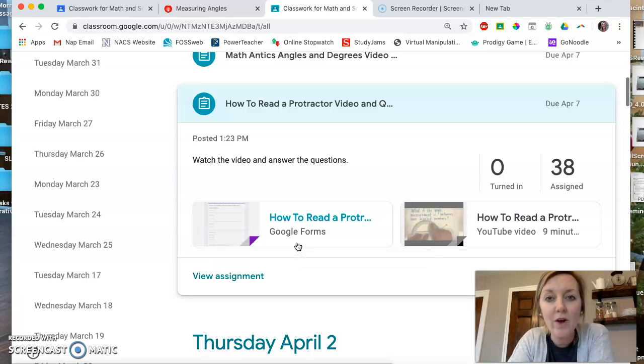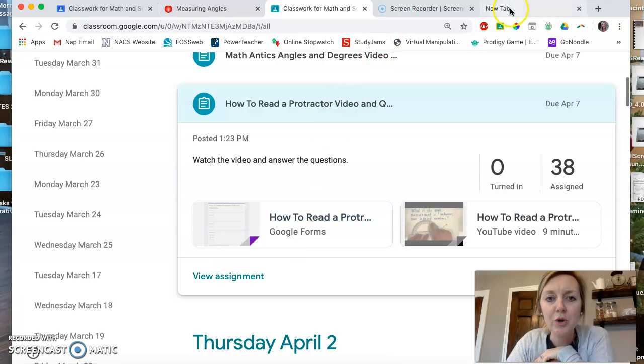But today we are going to focus on using a protractor to measure angles. We know angles can be acute, right, or obtuse. We also know greater than 180 is called a reflex angle, but we're not going to be talking about those right now.